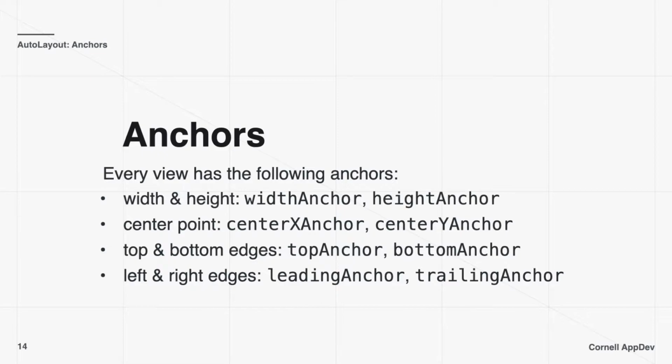If you want to set the center point, you use the centerX anchor, that's where it's placed horizontally, and the centerY anchor, so it's centered vertically. We also have the top anchor, bottom anchor, and the left and right are called the leading and trailing anchors.